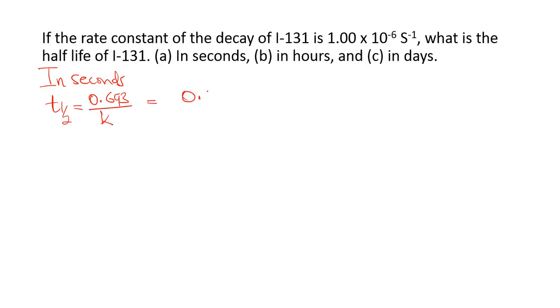Remember that equation. In this case, we have 0.693 divided by 1.00 times 10 to the power negative 6 per second. So this gives us 693,000 seconds.